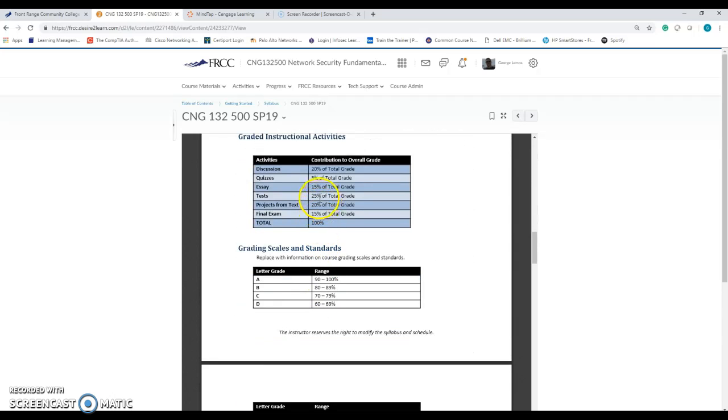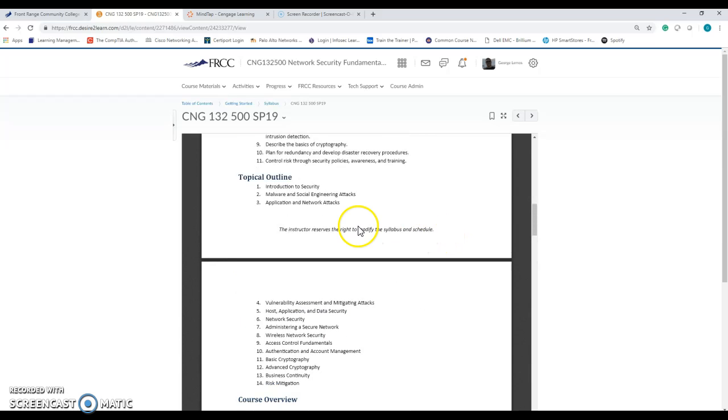And if you look down here, tests are 25% of your grade. Having that Kaplan rehearsal software will boost those test grades to 100%, so that should be a free 25% of your grade just by doing the tests in Kaplan, preparing for the real certification, the industry standard, I should say.